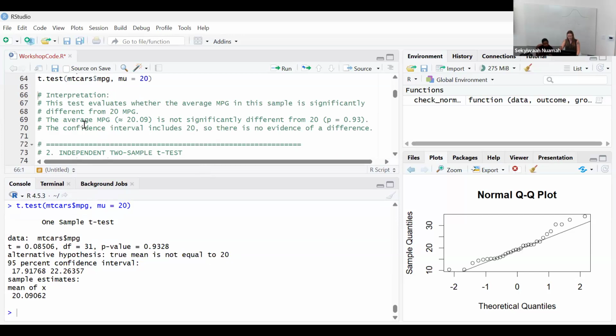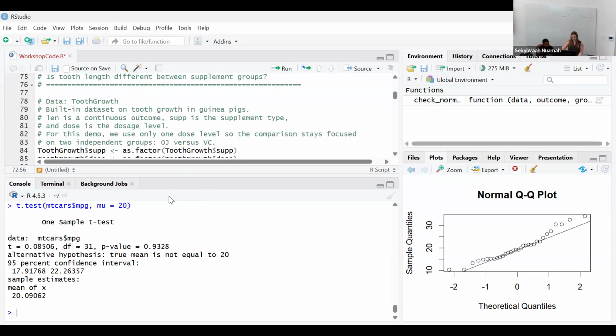Or wait, no. It is not statistically significantly different from 20, is what I mean. Sorry, I should have just read my notes. The confidence interval, let me just highlight that here, also includes 20. So there's no evidence of a difference.